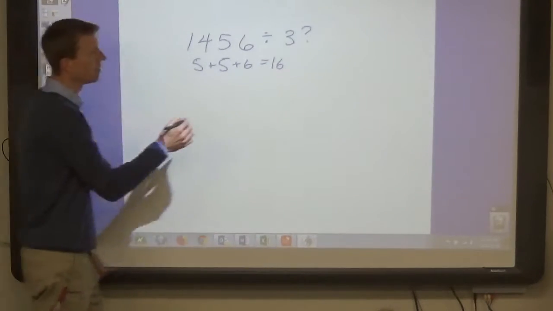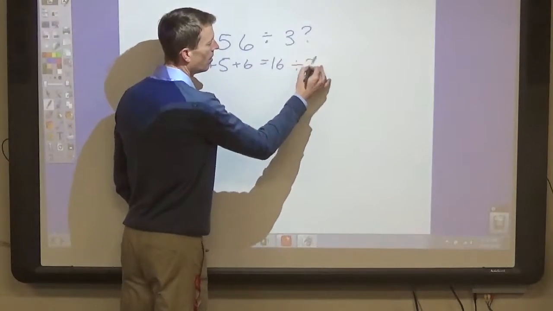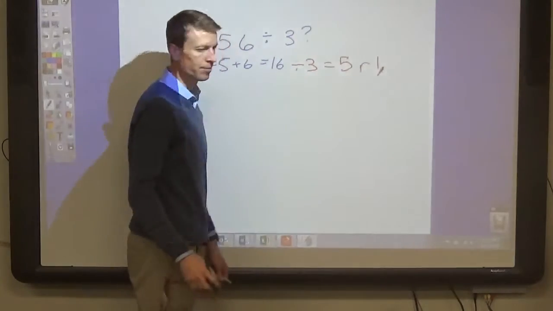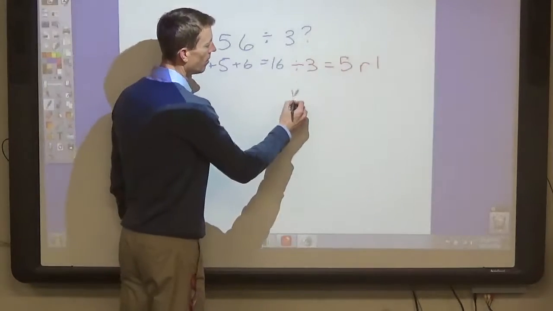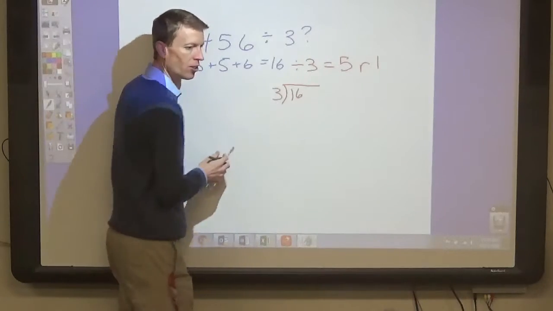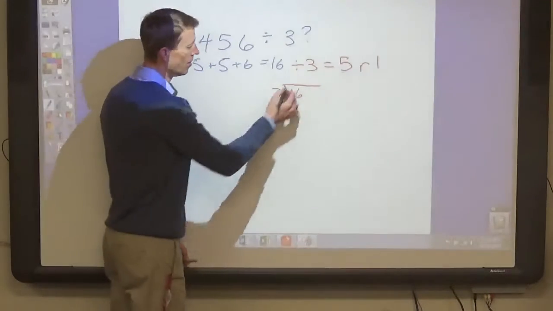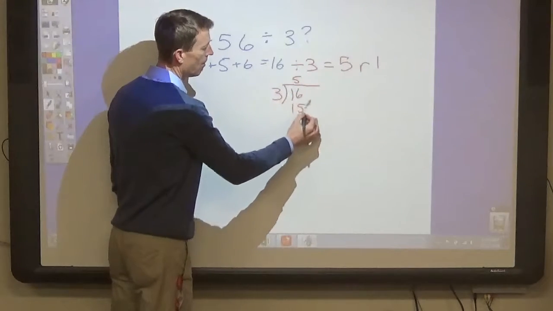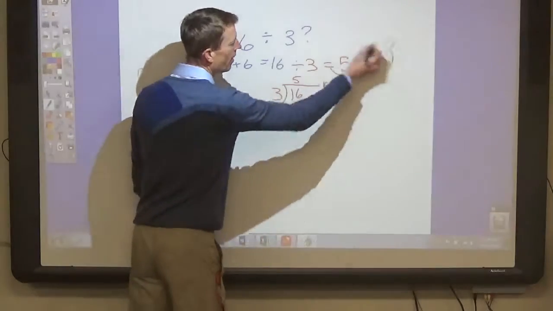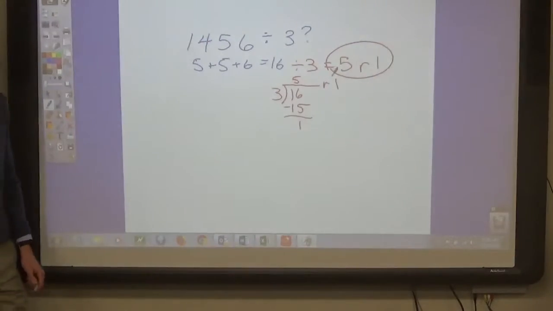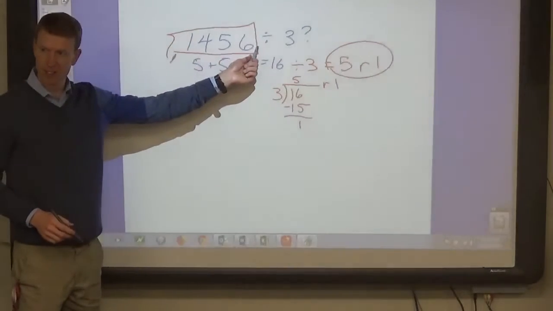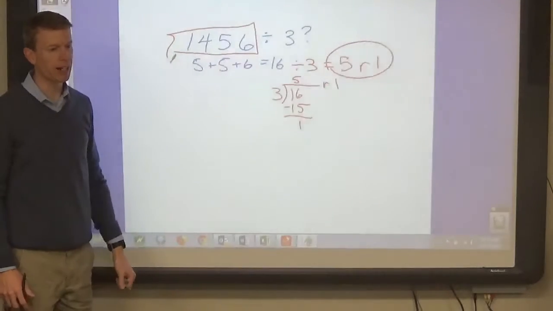No. 16 divided by 3 is like 5 remainder 1, isn't it? It doesn't go in evenly without a remainder. So this number, even though it ends in a 6, it's not divisible by 3.